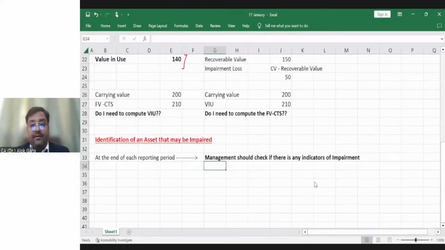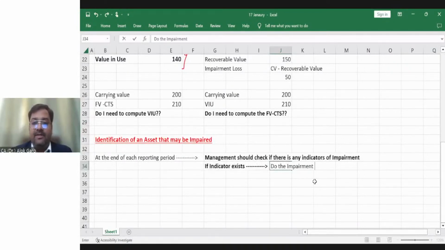And if an indicator exists, then what to do? Manini, what to do then? If an indicator exists, then do the impairment testing.